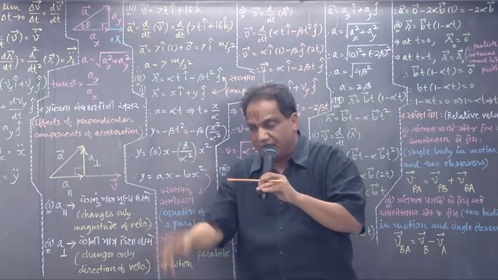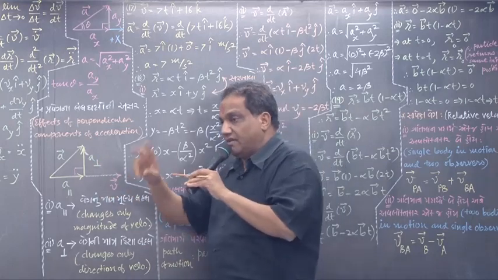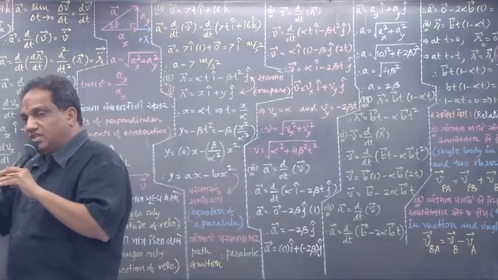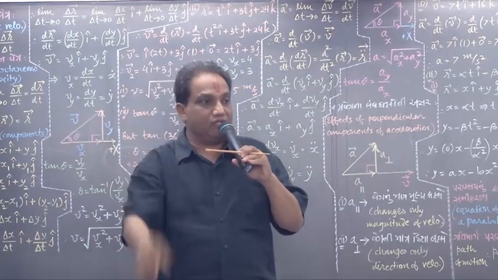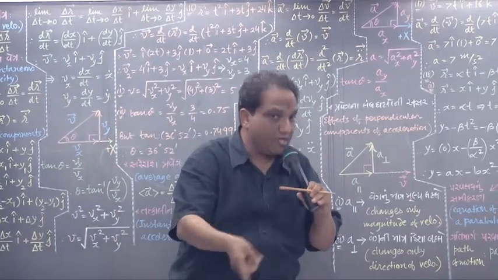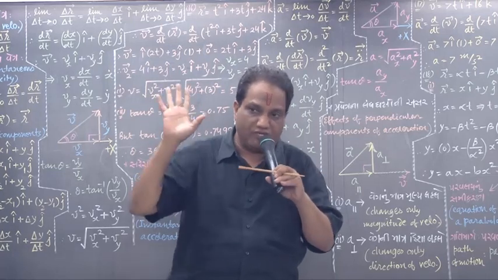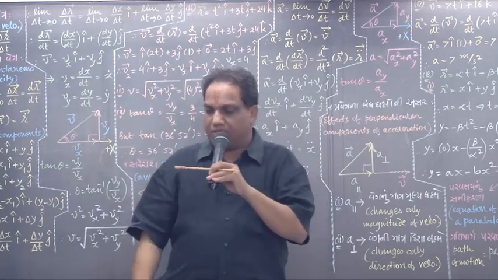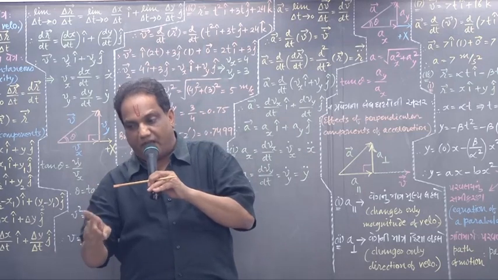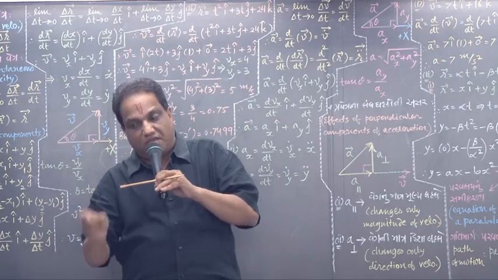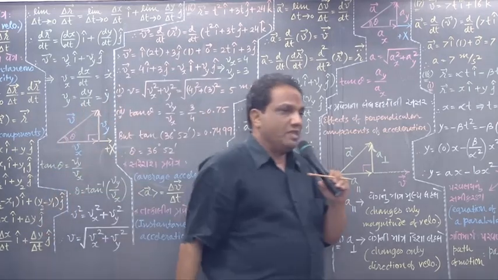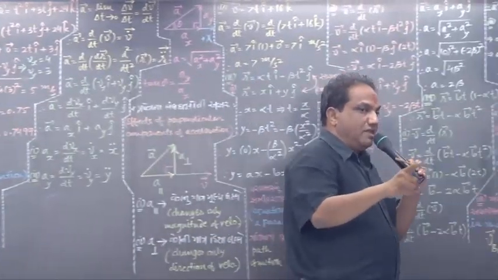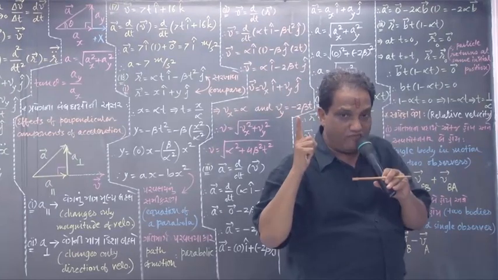If both components are present, they will do their job: one will change the direction, one will change the magnitude, and ultimately the velocity vector will change in both ways. I repeat, the effect of A perpendicular is to change only the direction of velocity, and the effect of A parallel is to change only the magnitude of velocity.